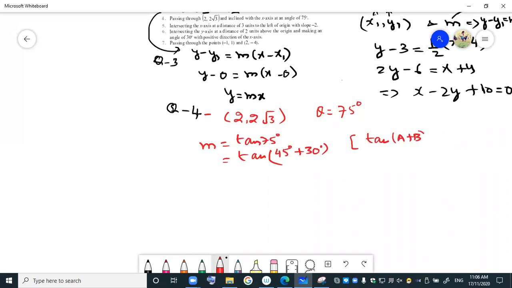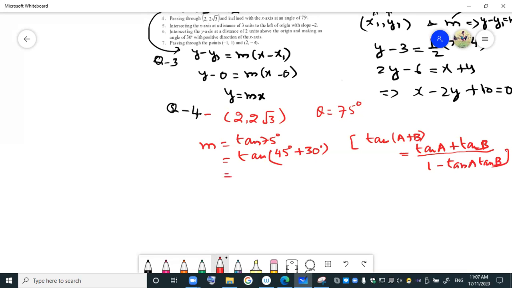You must be knowing the formula tan(A plus B) is equal to (tan A plus tan B) divided by (1 minus tan A tan B).